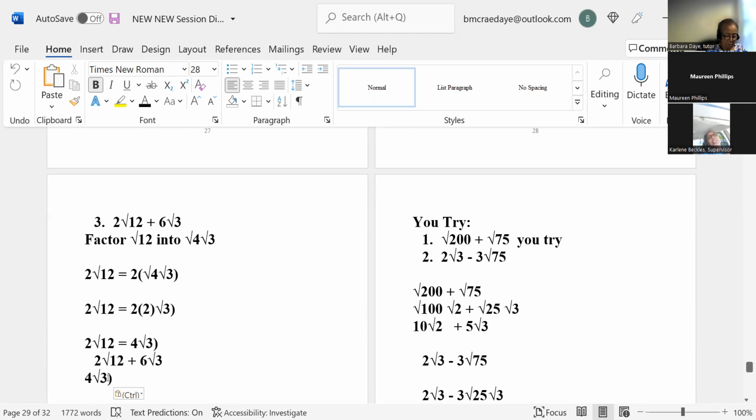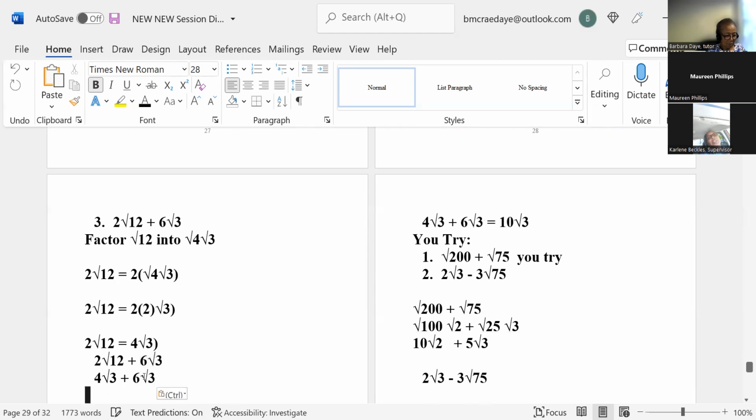And I don't really need the parentheses here, right? Plus 6 times the square root of 3. So what's that equal to, Maureen? 4 times the square root of 3 plus 6 times the square root of 3.